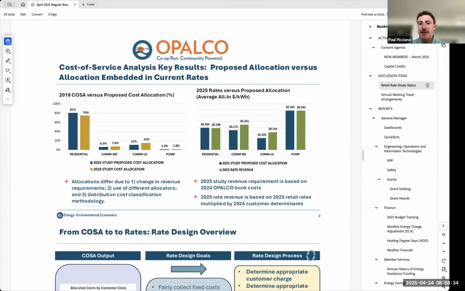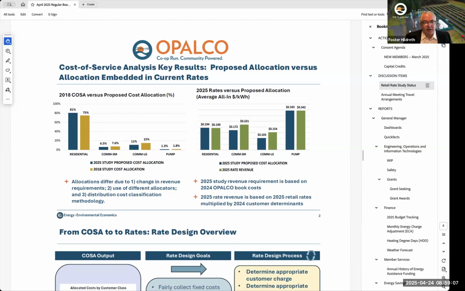And also, of course, there have been changes in the actual customer class determinants over time, with growth in the residential class, for example, contributing to higher allocation to the residential class relative to other classes. As we've seen, for instance, with the growth of work from home, there's a little more residential, a little less commercial overall, and that attributes to that shift a good bit.